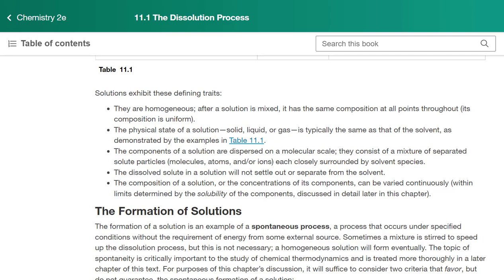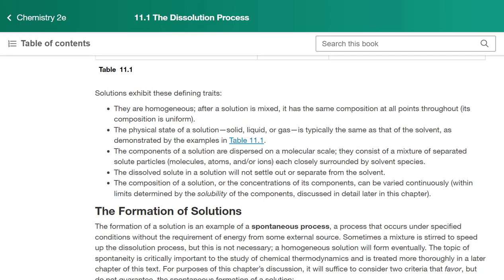The dispersion within the solution of solute and solvent is occurring at the molecular level. And so you have either molecules, atoms, or ions that are mixed with molecules, atoms, or ions of other substances. Whatever is dissolved is present in the solution. It does not separate from the solvent and fall to the bottom. If that's happening, there is something else going on there.